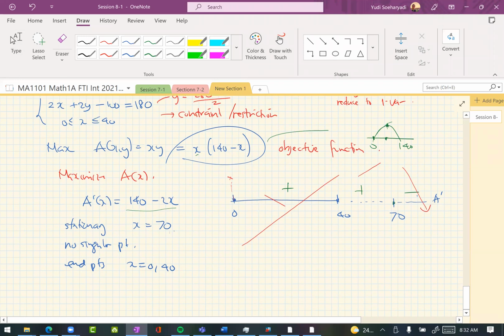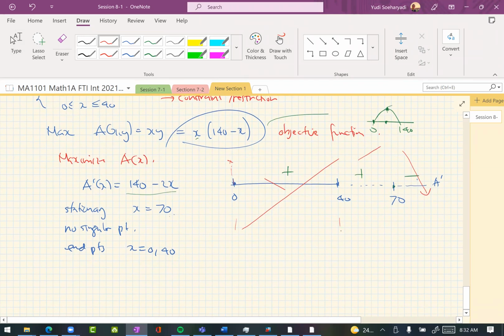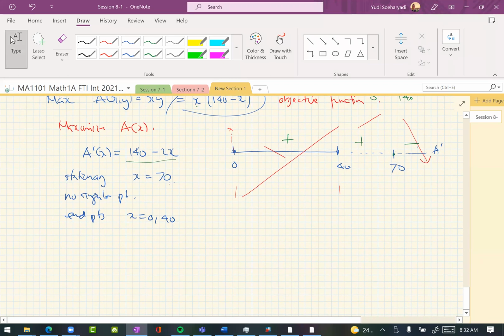Okay. But because we just restrict between 0 to 40, then we know that the 40 should be the maximum. Okay. So in here, outside the range, outside this area. So no singular point. Okay.